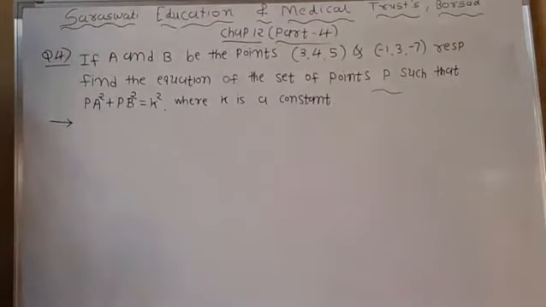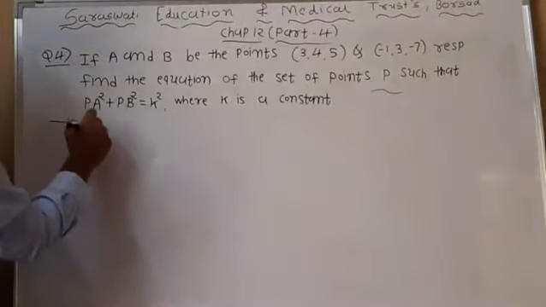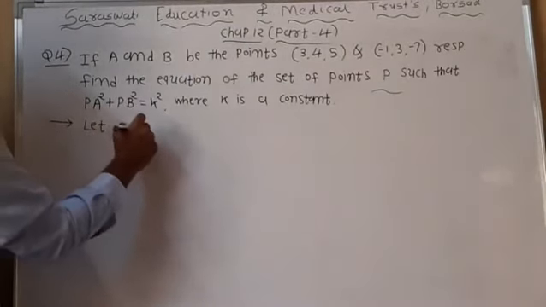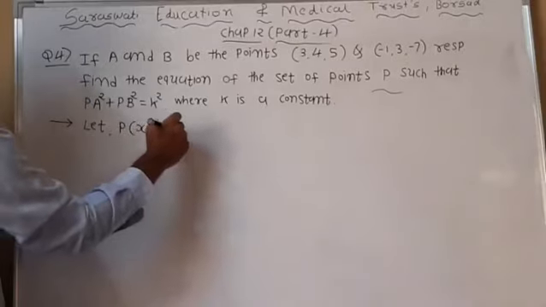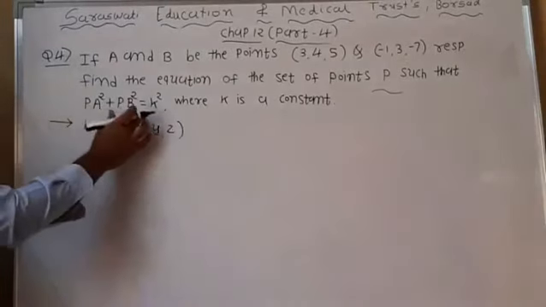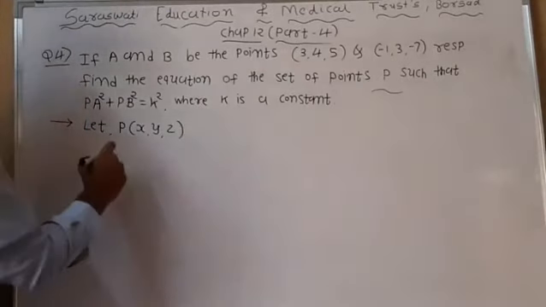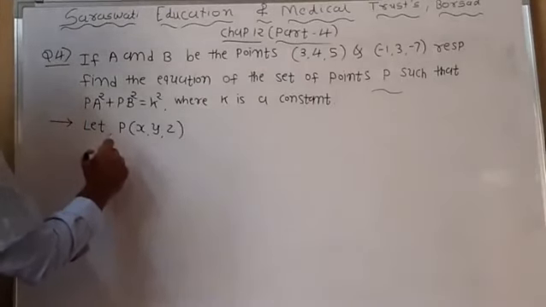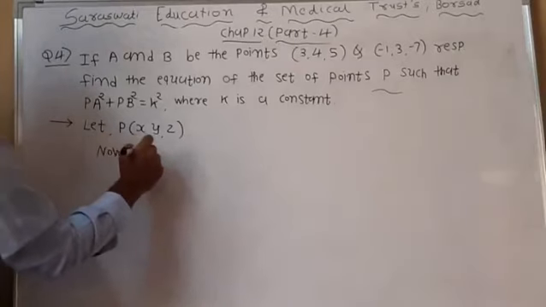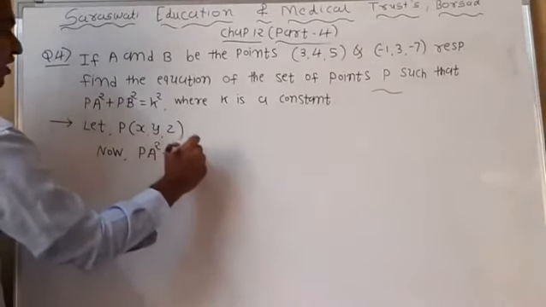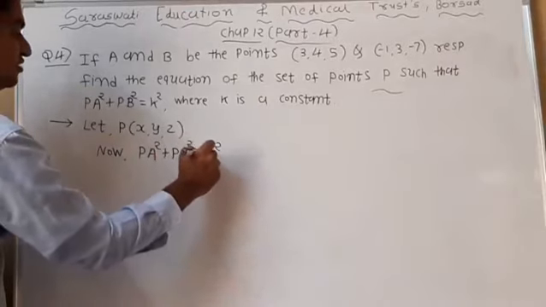So first of all, let the P coordinates be (x, y, z). The condition is PA square plus PB square is equal to K square.